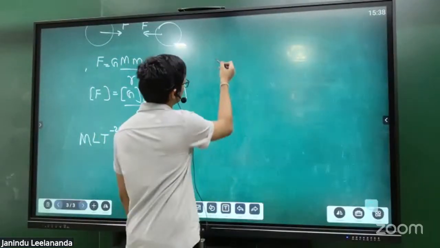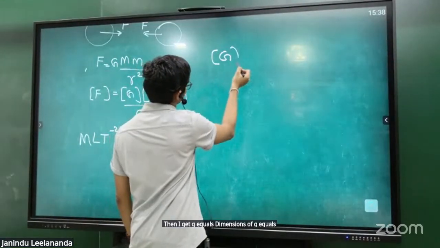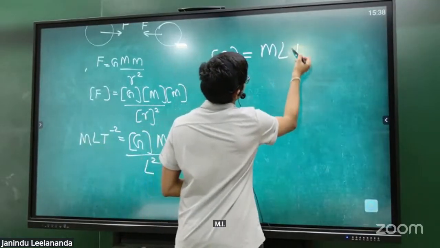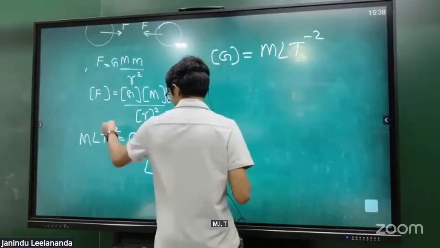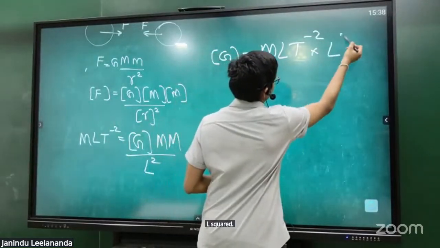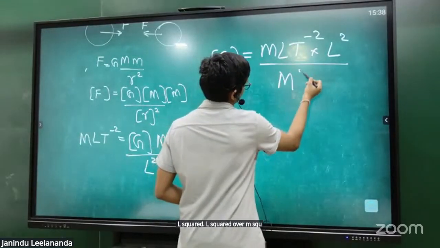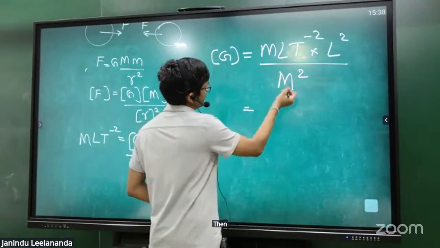Then the dimensions of G equal MLT minus 2 times L squared over M squared.